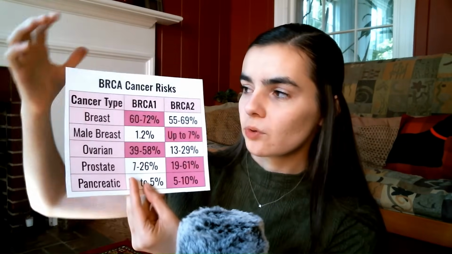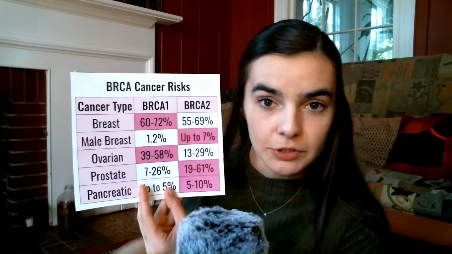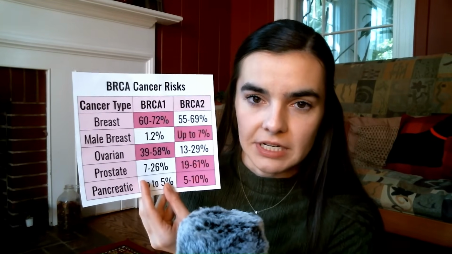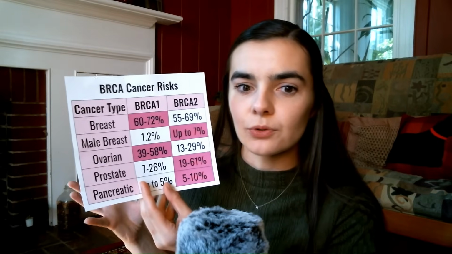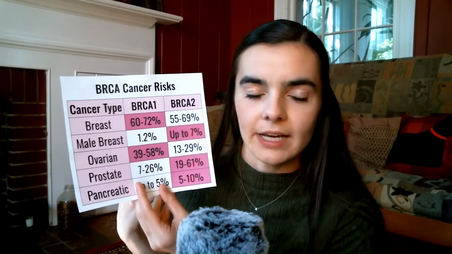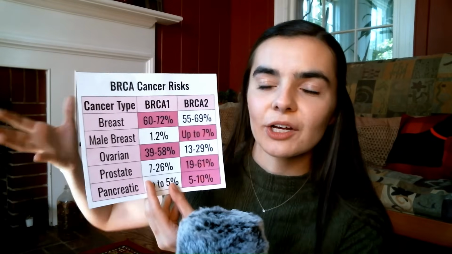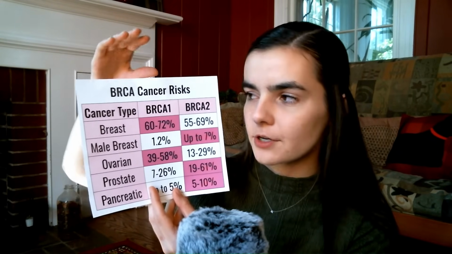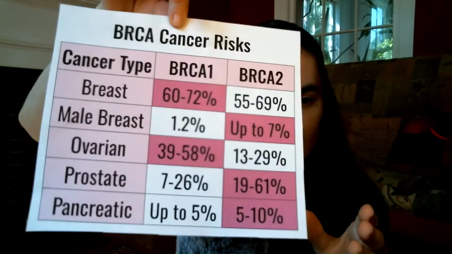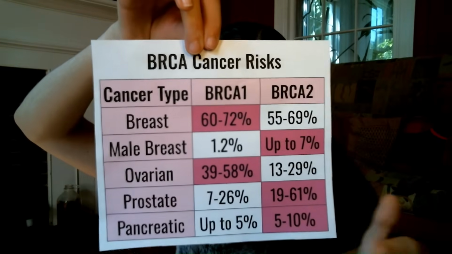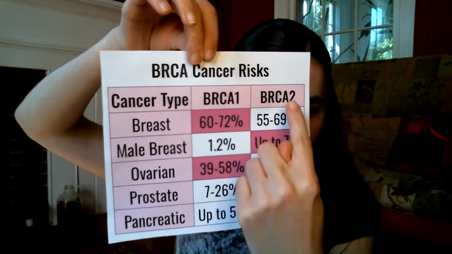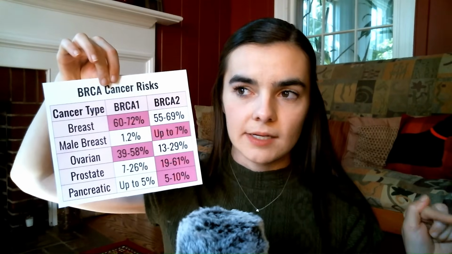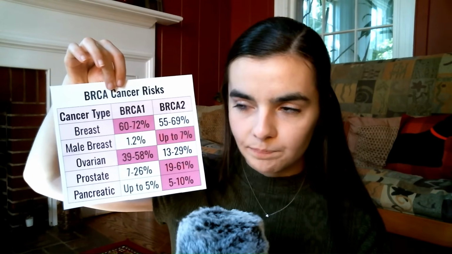The BRCA genes are tumor suppressor genes. Specifically, they're genes that repair your DNA when it gets mutated. So if you have a non-working copy, you're at risk of losing that other working copy and getting cancer. If you do have a mutation in either the BRCA1 or the BRCA2 gene, that is known as hereditary breast and ovarian cancer syndrome.